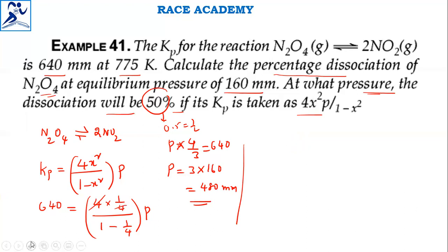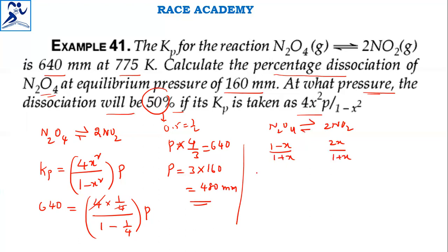From the equation, N2O4 gives NO2. In this equation, equilibrium values are 1 minus x, 2x. So the total number of moles is 1 plus x.